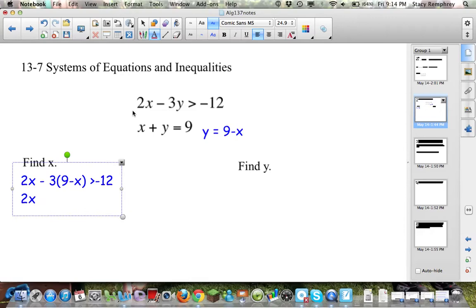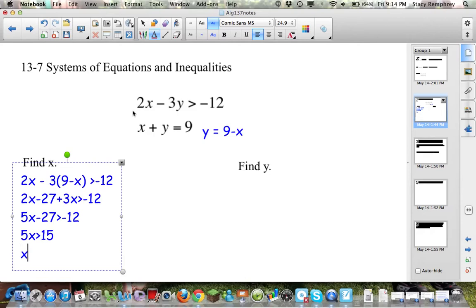I will solve that. So that would be my final answer for x, is that x is greater than 3.